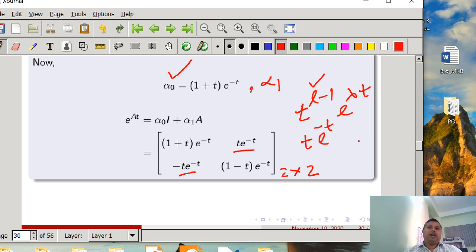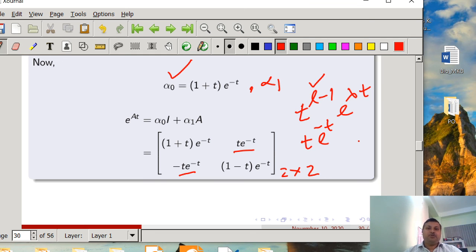Then I discussed one important case, the solution of the homogeneous equation where u is equal to 0, and the system is driven by only the initial condition. For that kind of system, we observed that to solve it we also require e to the power At, the matrix exponential.